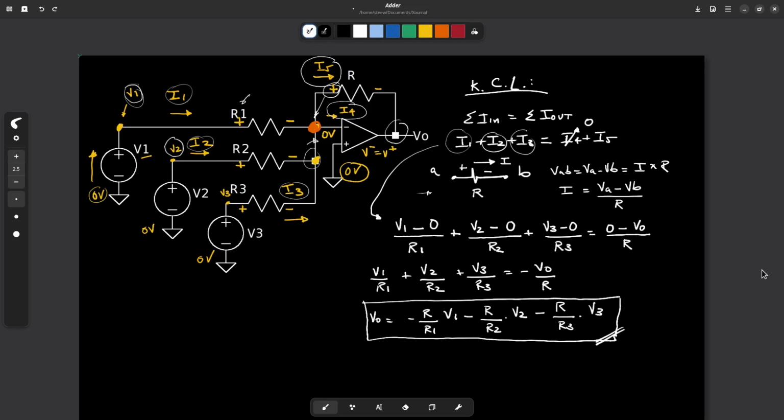Okay? So here we can see that V0 is the negative addition of V1, V2, and V3 multiplied by these factors here. So this is an inverting adder. Okay? So now I'm going to show you the second way to do it. I think it's more suitable than the previous one, and you can select between both. Okay? So let's do it.